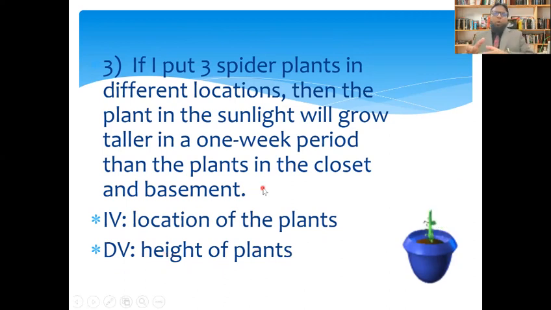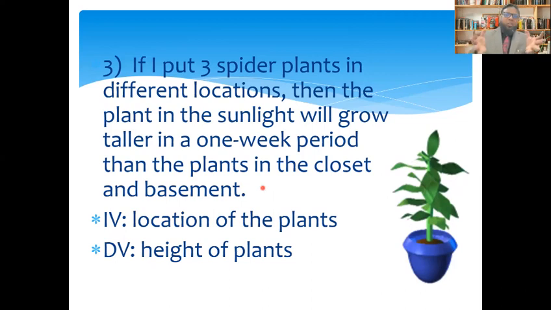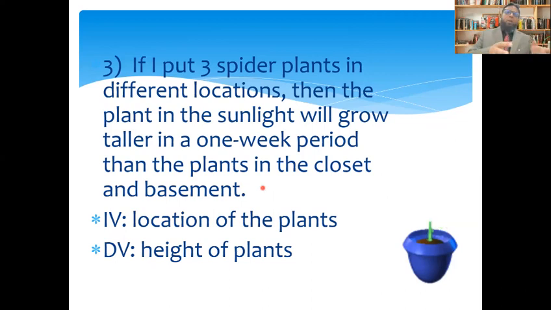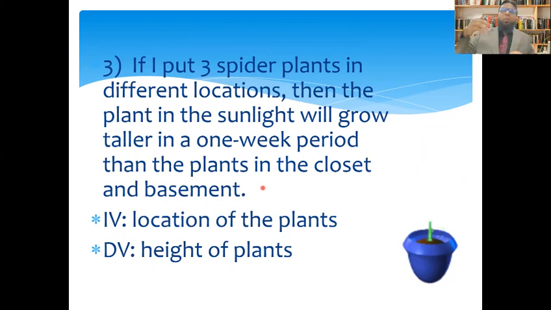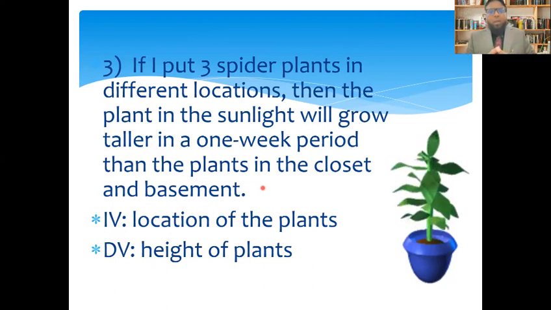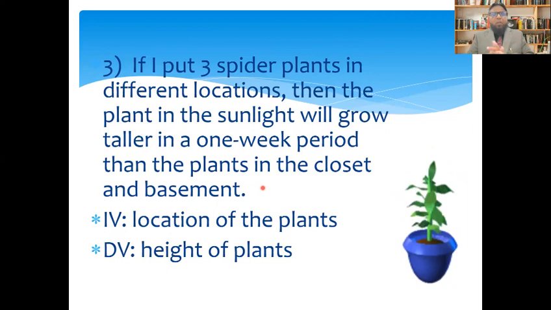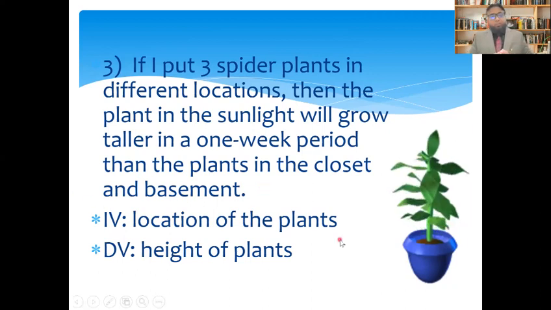See, if I change the location of the plant, of course the plant is going to get a different amount of light. You know very well that if the plant gets more light, there will be more photosynthesis, and more photosynthesis means the plant grows faster. So the independent variable is the location of the plant.